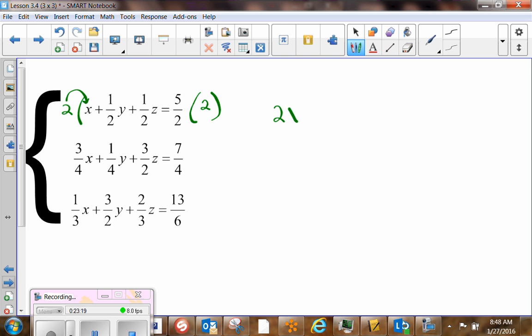What's 2 times a half? So that's 1y. And then I'm going to do it to the y and the z, so z would also be a y. So I just got rid of it. I'll never have to look at those fractions again.